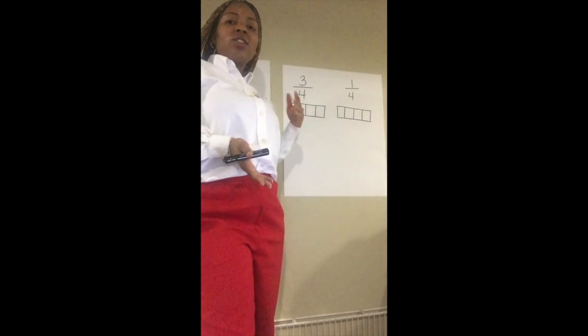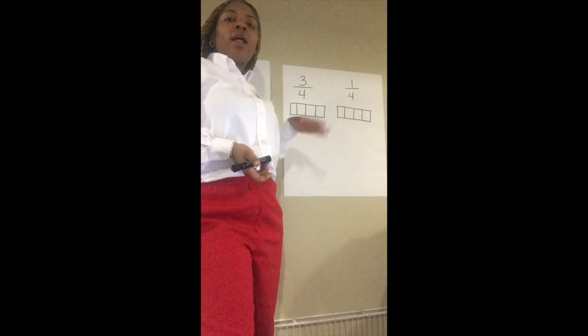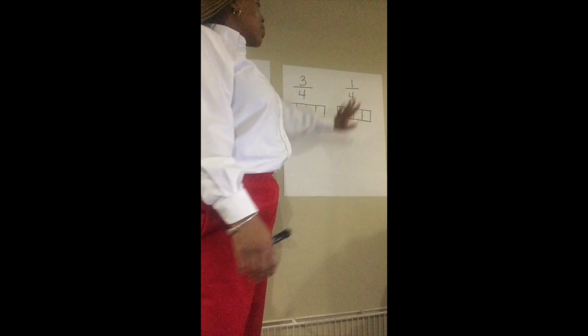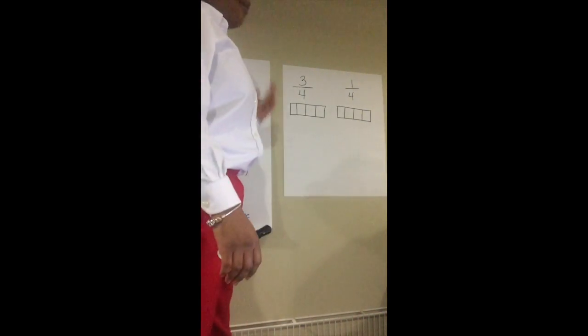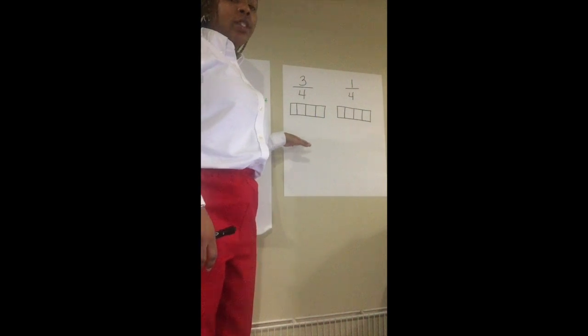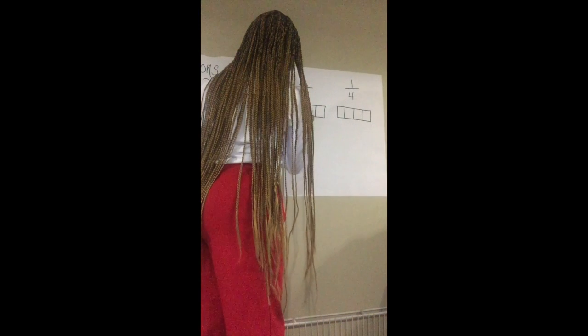Example number 1. Let's start with first compare and order fractions that have common denominators. And as you can see, we have 3/4 and we also have 1/4. Right now, I'm just going to shade in the parts to represent the actual fractions that we have written down. Let me grab 2 different colors. I'm going to start with 3/4 and I'm going to shade in 3 parts.